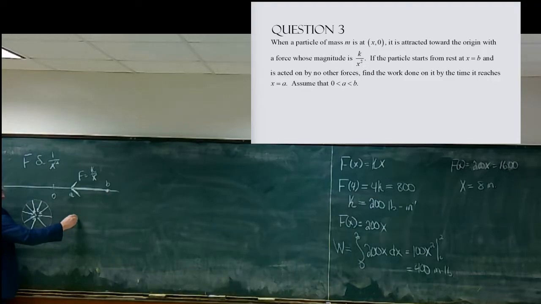Keep in mind that even if I'm out here, I'm still being pulled towards the center, with a magnitude proportional to 1 over x squared. We're actually going to look at gravity, the force due to gravity, and we'll find what its constant is that's been calculated.